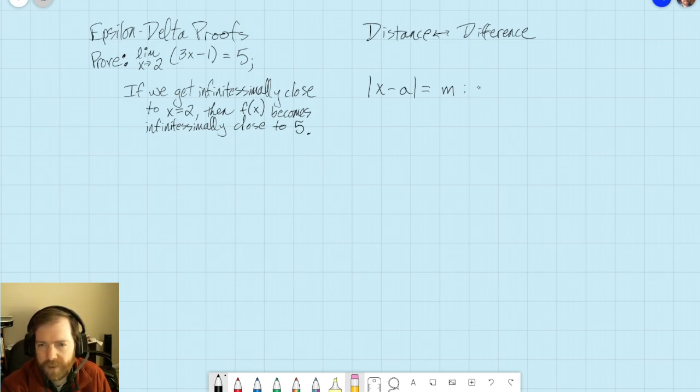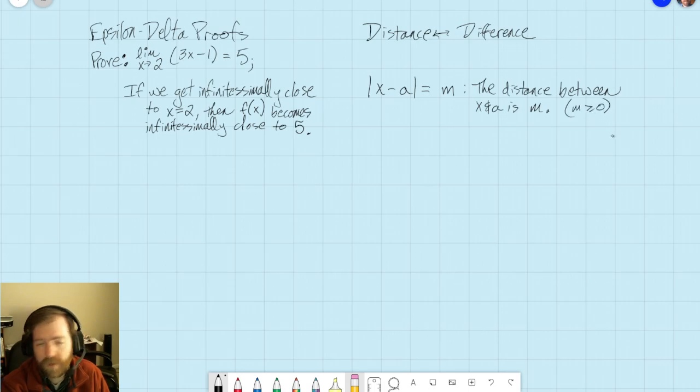Right, this is saying that the distance between x and a is m. Now in this particular case, we know that m has to be a positive value, can be equal to 0 potentially, but has to be non-negative at the very least.